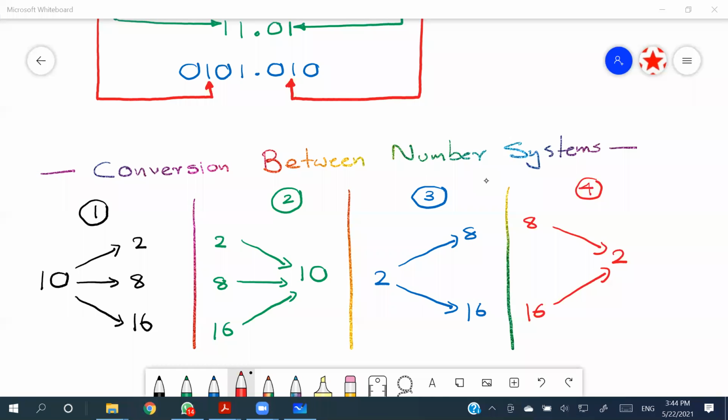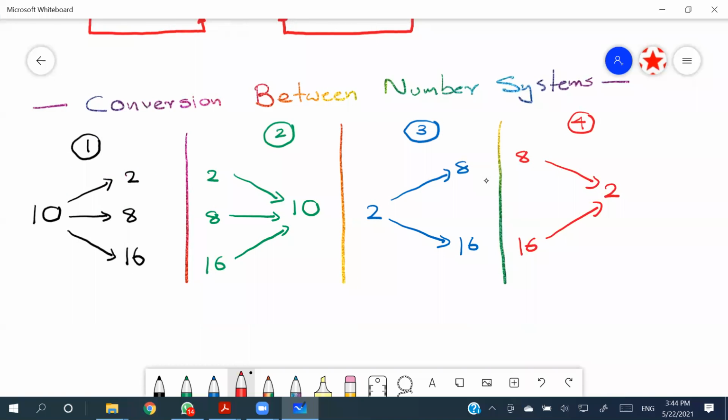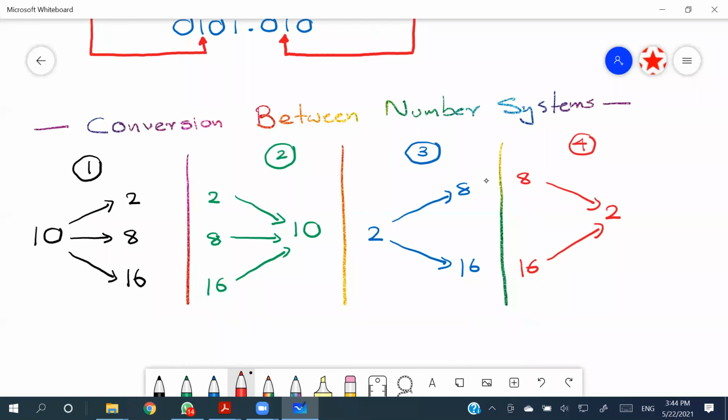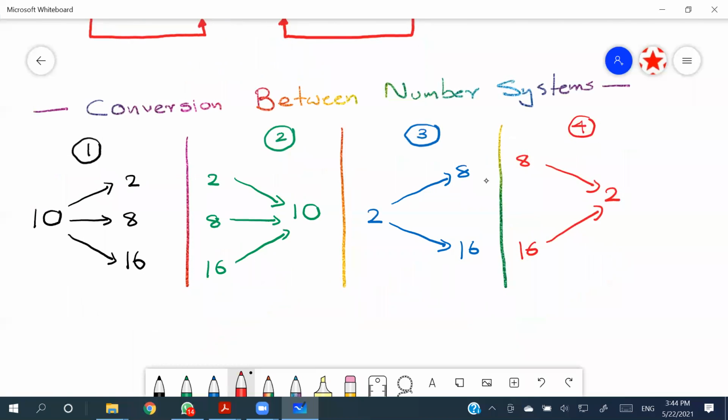Right, so as I told you, these four techniques are there. We are going to learn one technique at a time, and we are going to do some maths to get practice with this. Why don't you draw this? I'll write the headings at the bottom. So do the heading conversion between number systems.